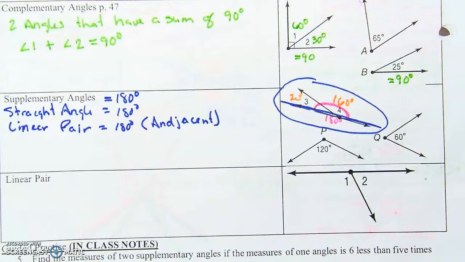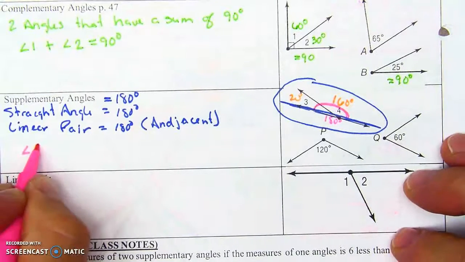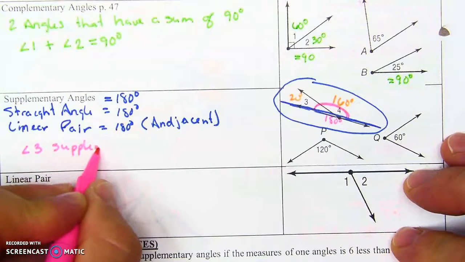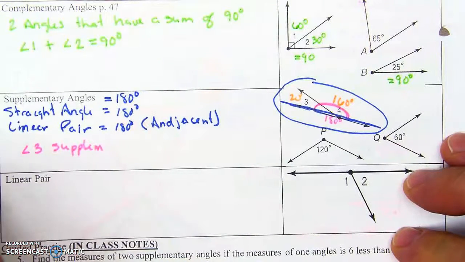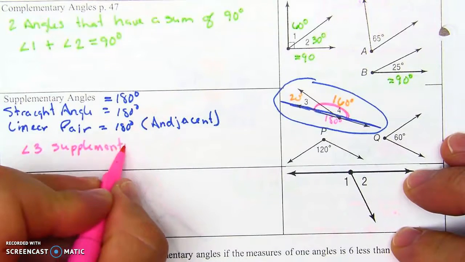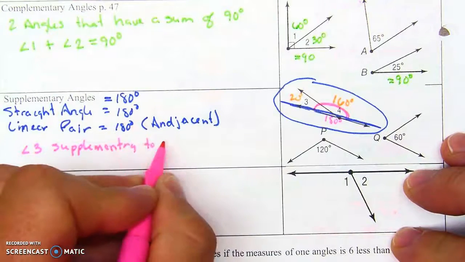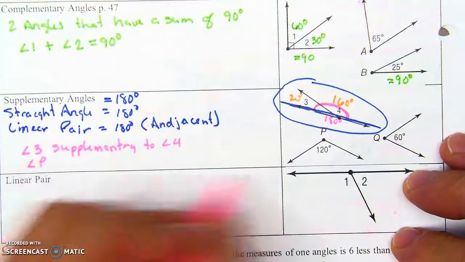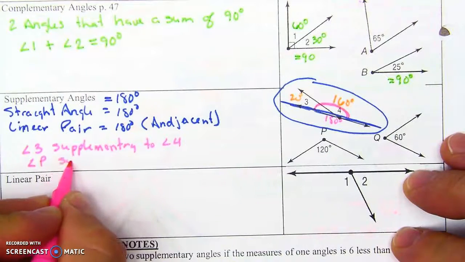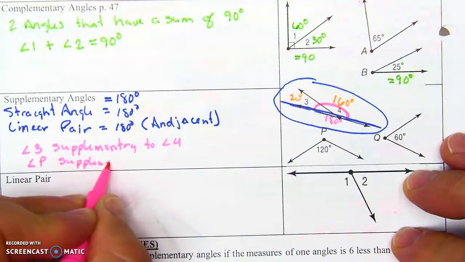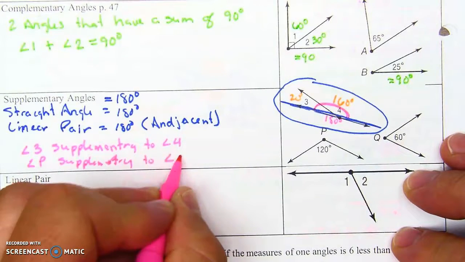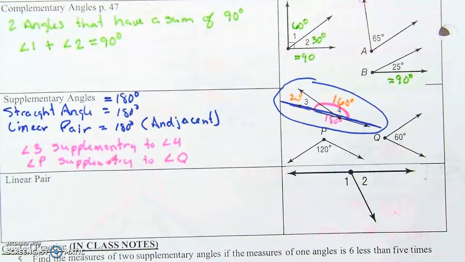Now we can say angle 3 is supplementary to angle 4, and we can say angle P is supplementary to angle Q, or they are supplementary together.